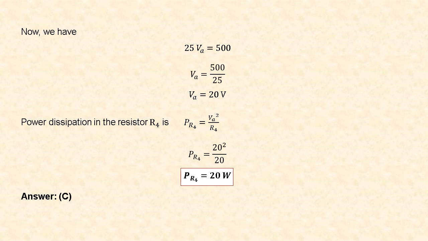Now the power dissipation in the resistor R4 can be calculated by using the formula power is nothing but voltage square by resistance value. So PR4 is equal to VA square divided by R4, which is equal to 20 square divided by 20. So PR4 is equal to 20 watts. That is, the power dissipated in resistor 20 ohm is 20 watt. Hence option C is correct.